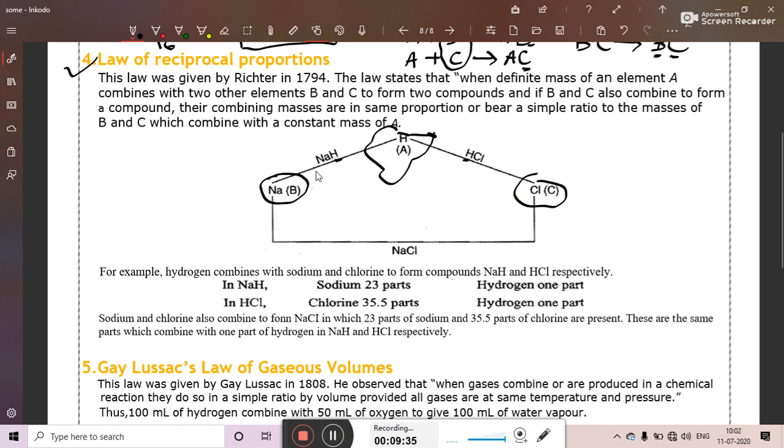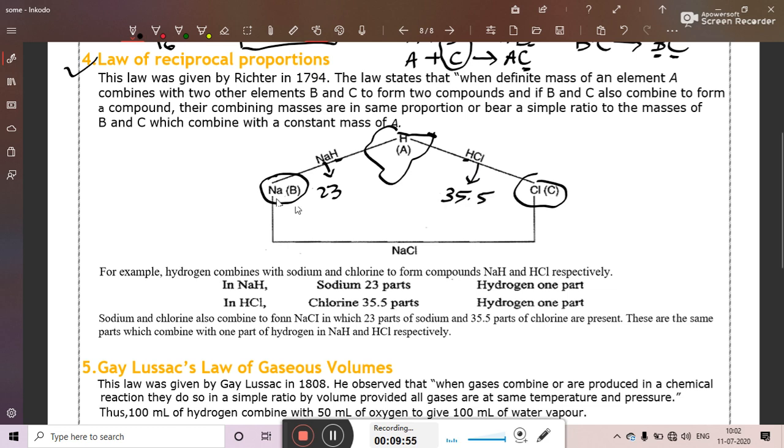Now sodium is the element B and chlorine is the element C. So in NaH, the mass of sodium is 23 parts, and in case of HCl, the mass of chlorine is 35.5 parts.